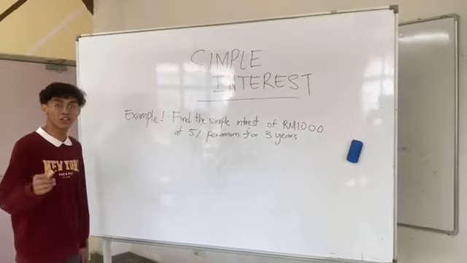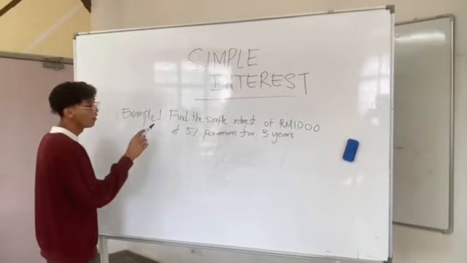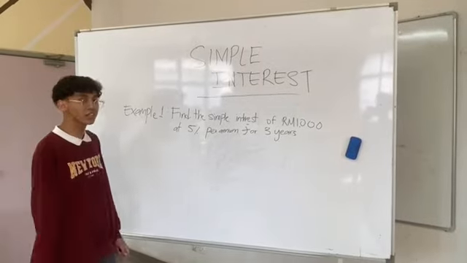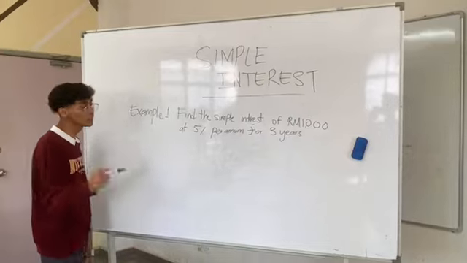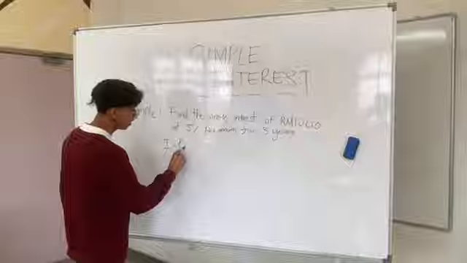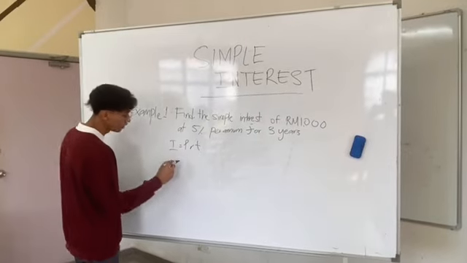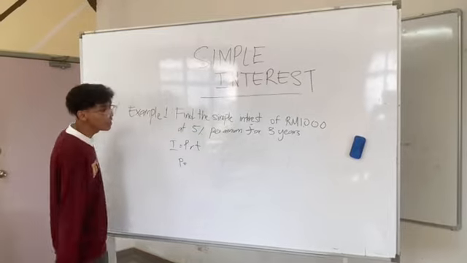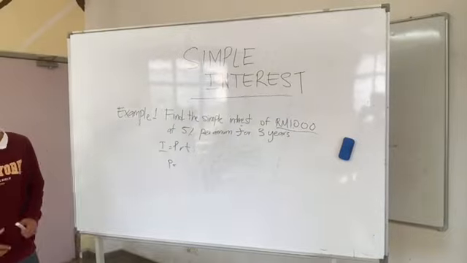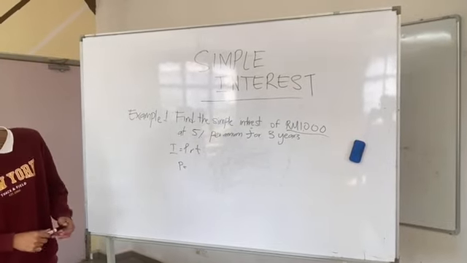Okay, here is example one for simple interest. The question is: find the simple interest of RM1,000 at 5% rate per annum for 3 years. The first step, we must write the formula, I equals PRT. P is 1,000 because P is the present value, the amount borrowed or invested.